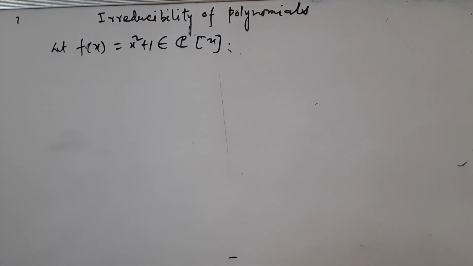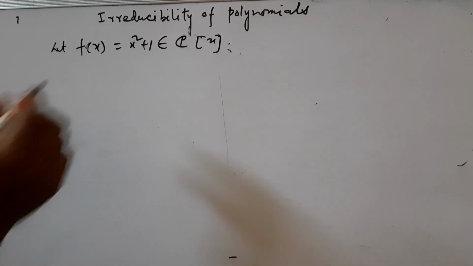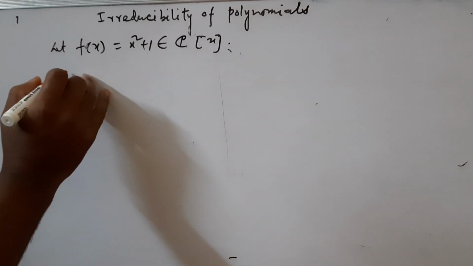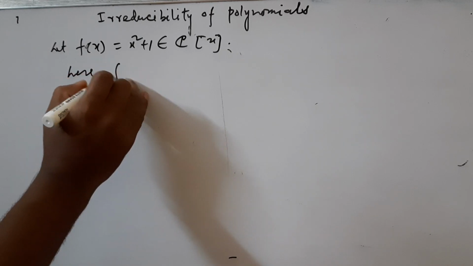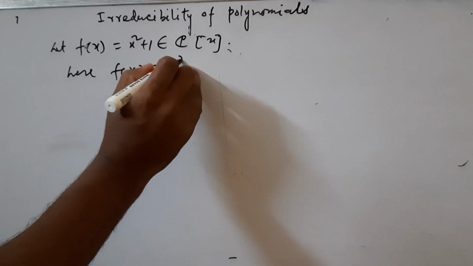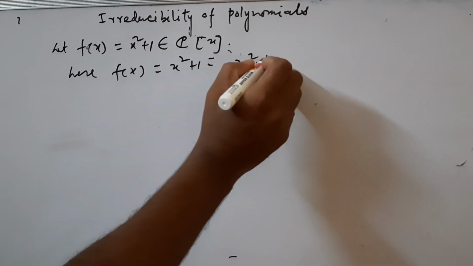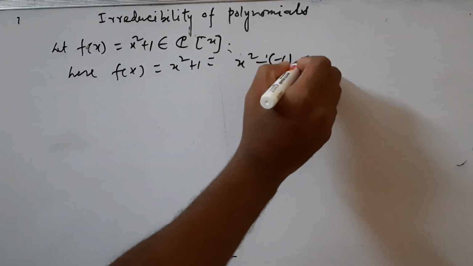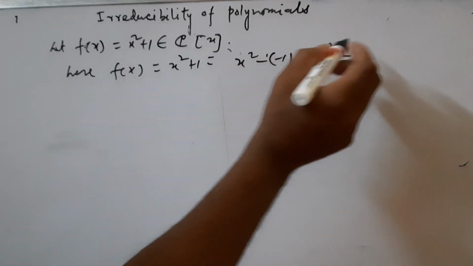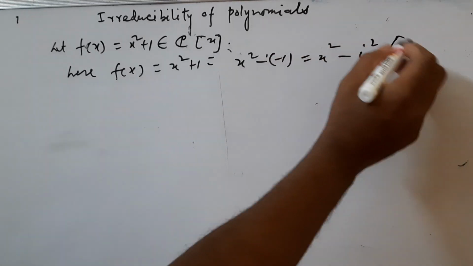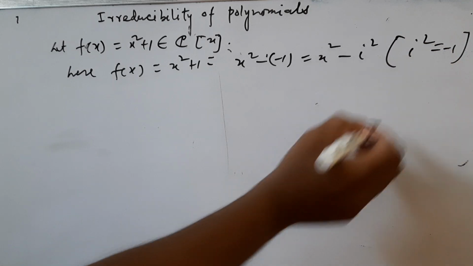So f(x) can be written as x square minus minus 1, and minus 1 is i square, since i square is minus 1.